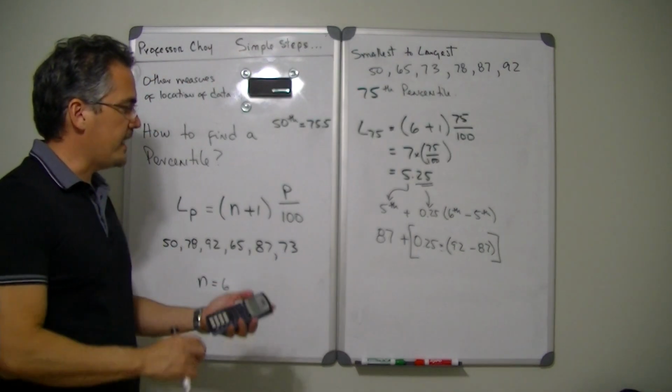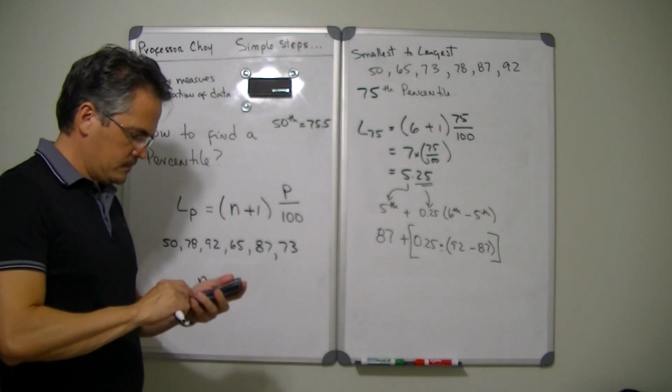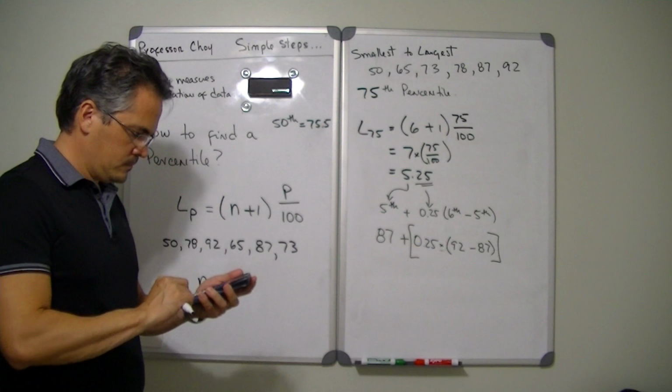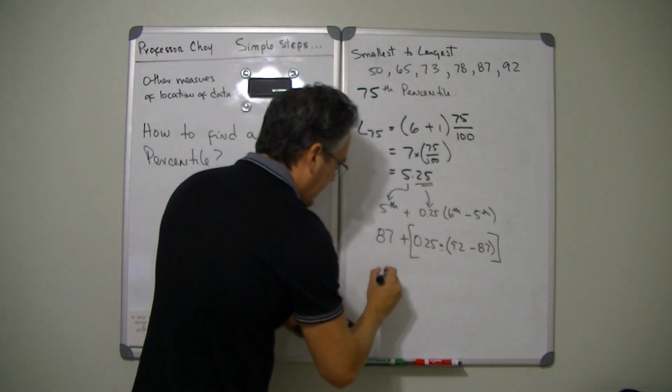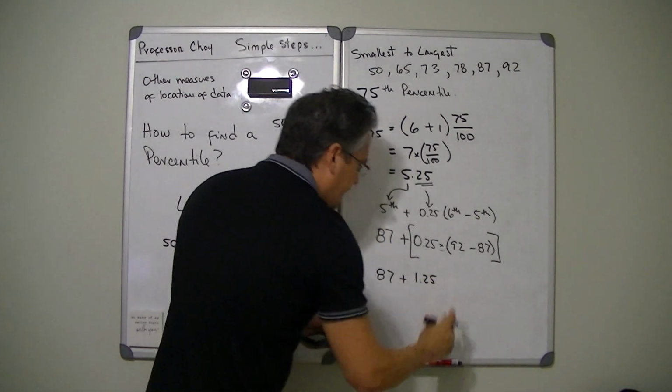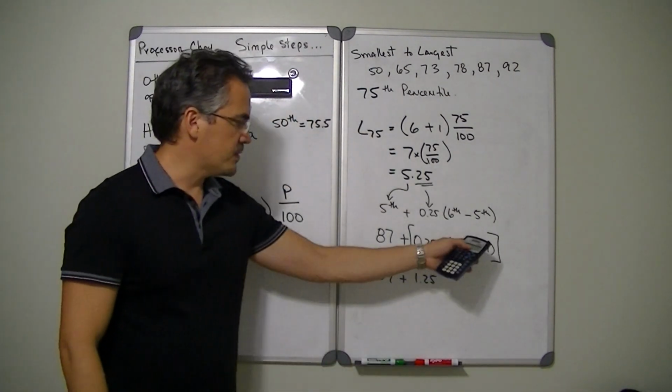Alright, now we got to solve that. Okay, so I got 87 plus 1.25. That's what I got for this portion here.